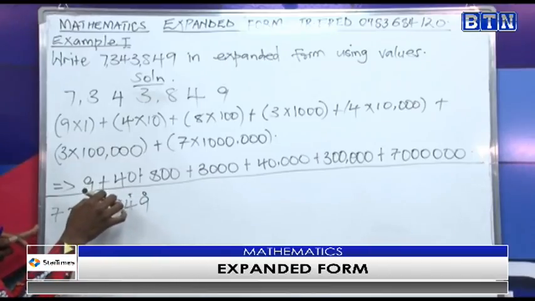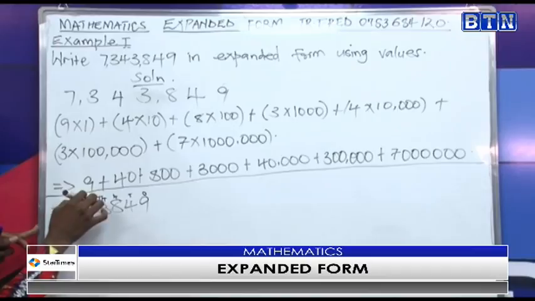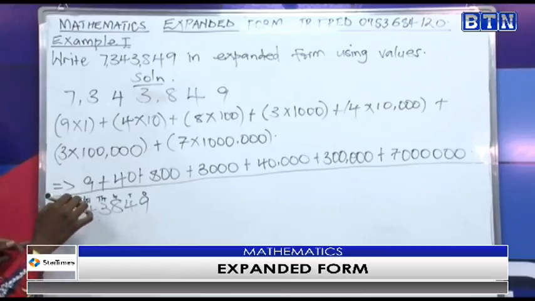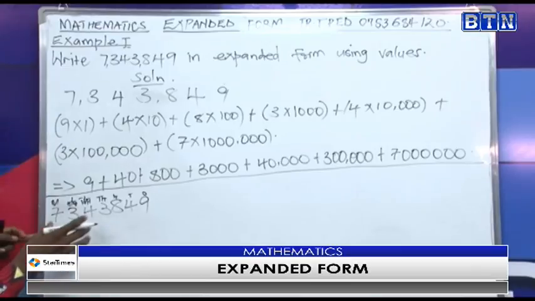This will be 1,000. This will be 10,000. Then from there, after 10,000, we shall come to 100,000, then we shall come to millions.